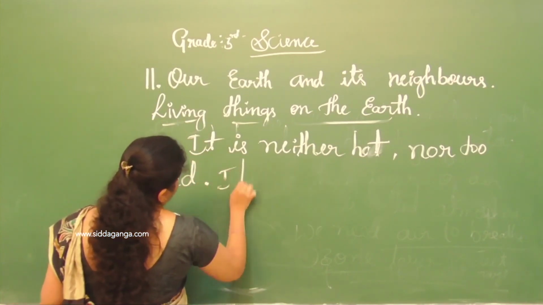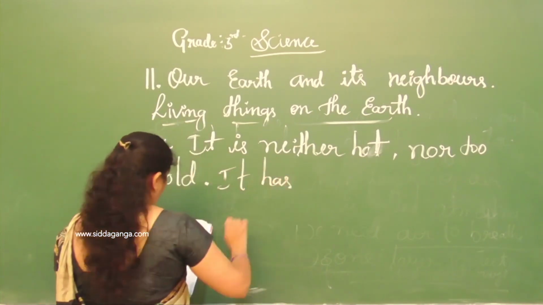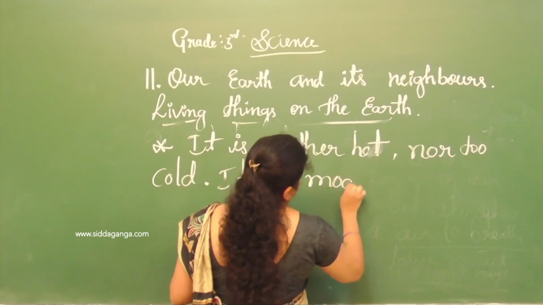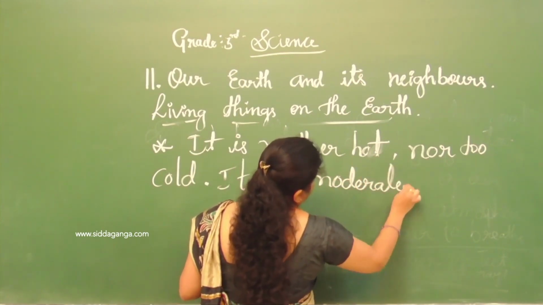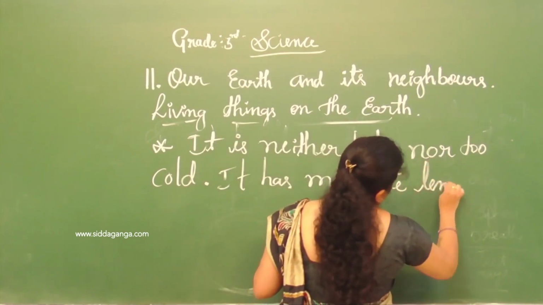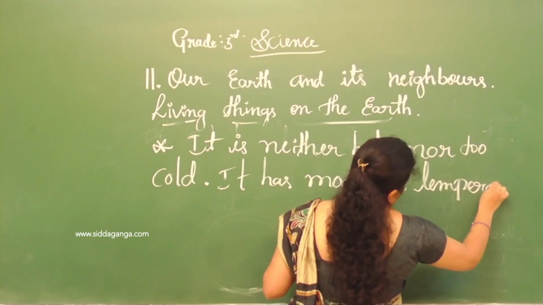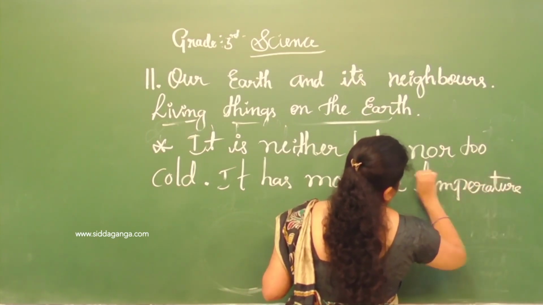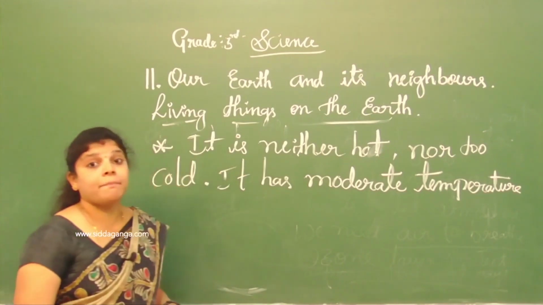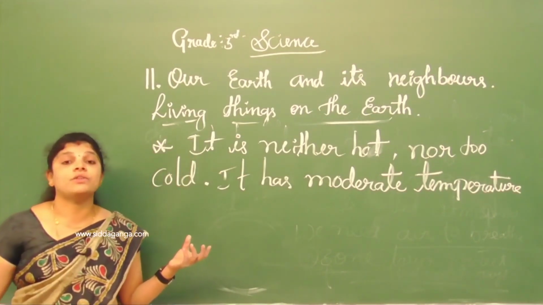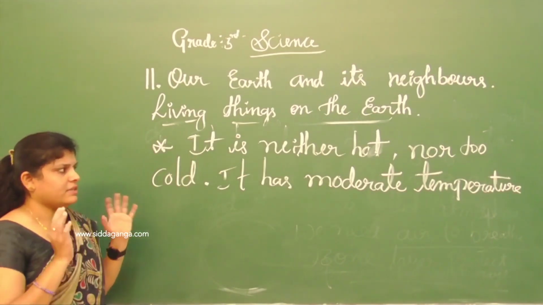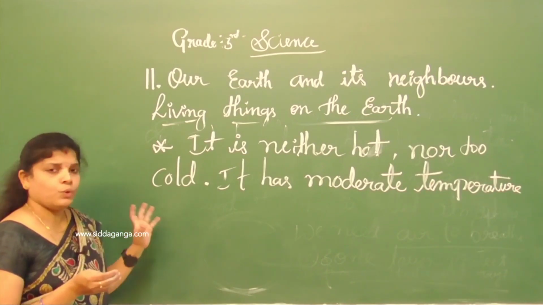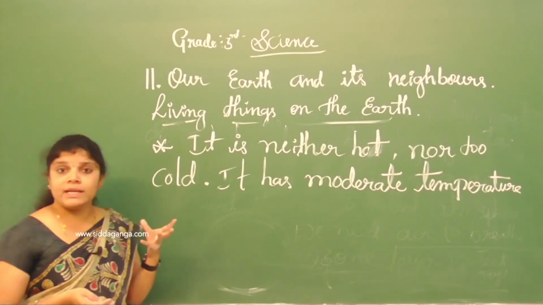Means it has moderate temperature. What? It has moderate temperature. So that's why this is also one of the main reasons life exists on the earth. So it is neither too hot nor too cold, means it has moderate temperature.